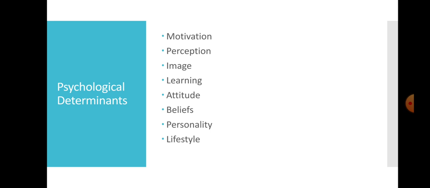The next factor in this category is attitude. It is a predisposition of a person to behave in a particular manner when he is exposed to a given situation or stimulus. Social psychologists explain attitude as the emotional predisposition of a consumer to react positively or negatively to a given object or situation.